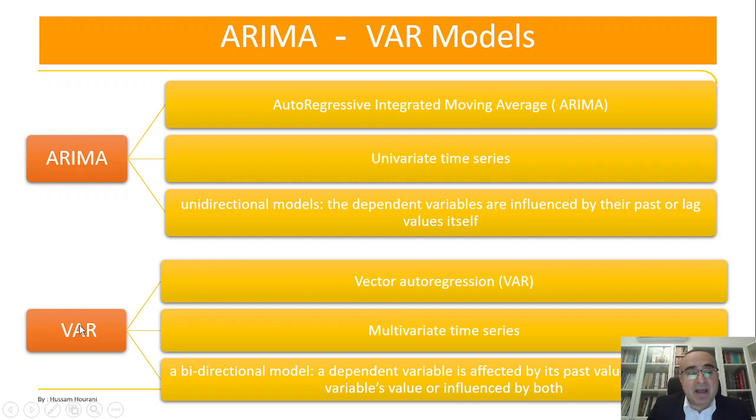So this is ARIMA and VAR. In summary, ARIMA uses one single variable, and it gets affected by the past or lag, while VAR uses multiple variables, and it gets affected by either the past or the other variables' values.